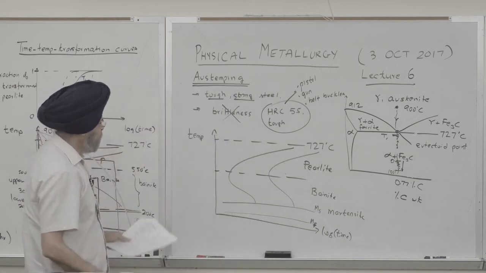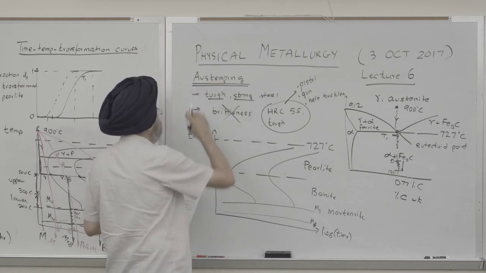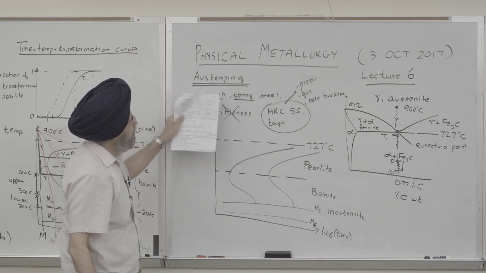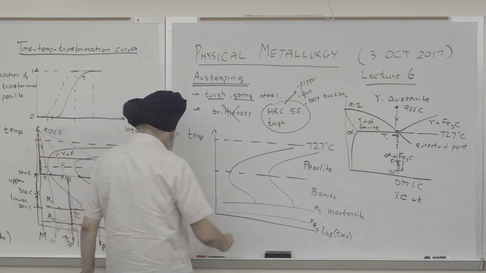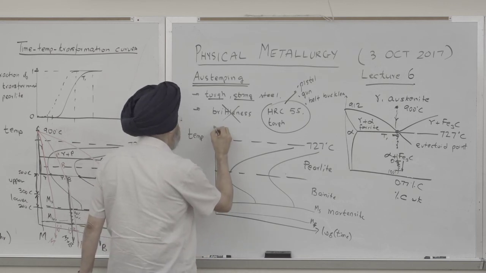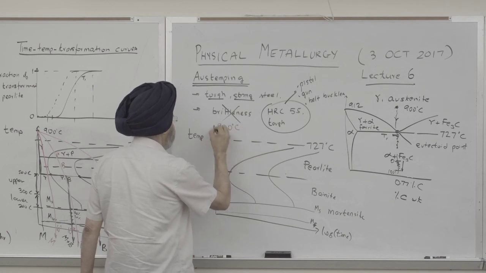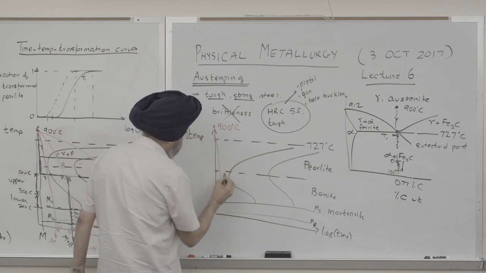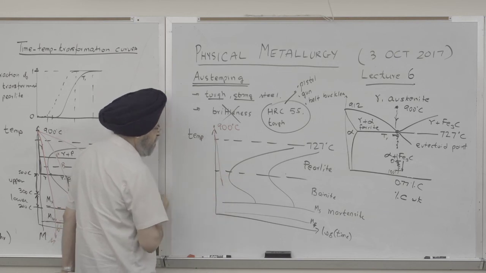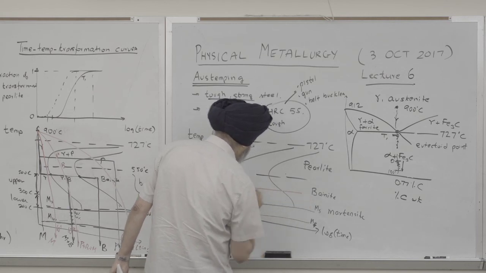Now we want to do austempering. So for austempering, the word aus stands for austenite, and tempering, I don't know where this phrase comes from, but what we can do is we heat the steel to 900 degrees centigrade, we quench so we don't intersect with the nose of the curve, and let's say we bring it here, and then we do isothermal transformation.